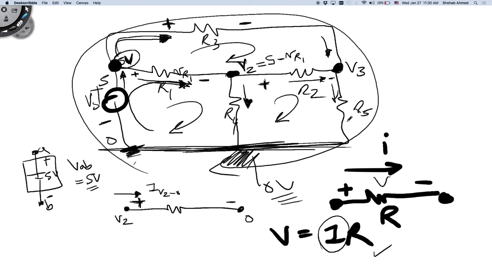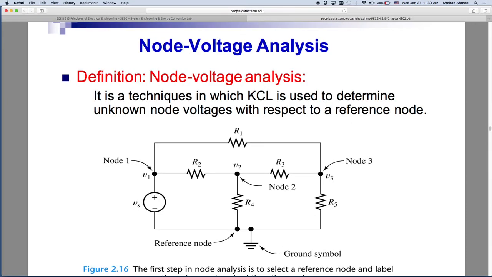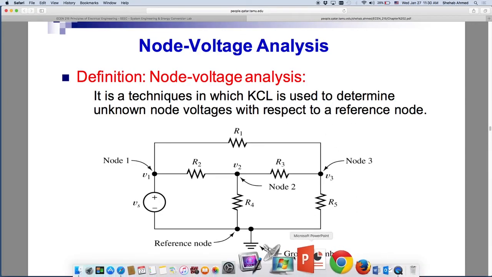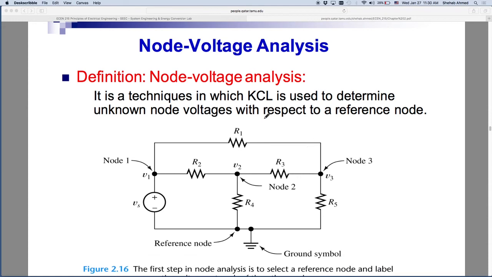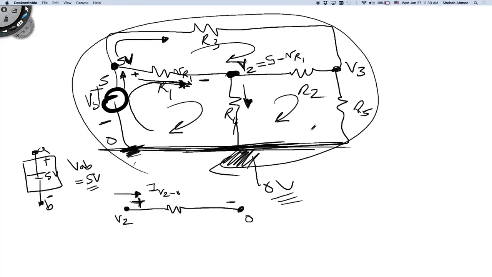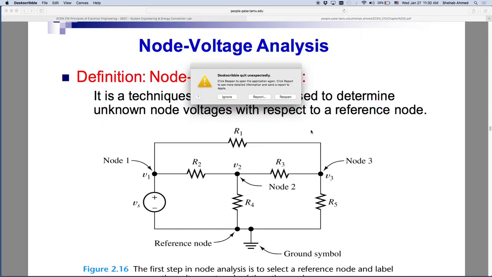How about here? If I assume the current is flowing in this direction, then this is the positive, this is the negative. It's V3 minus 0 divided by this value of resistance. So I was able to find another set of equations with unknowns V2 and V3.